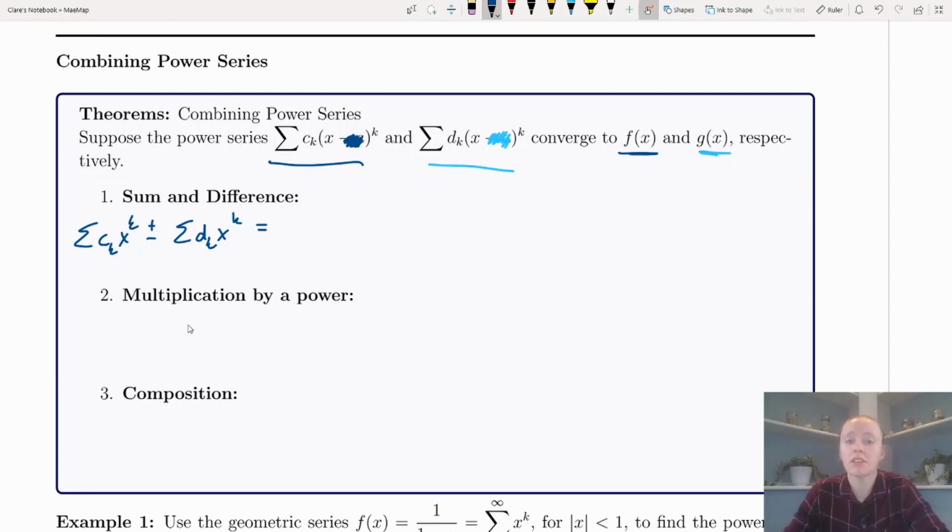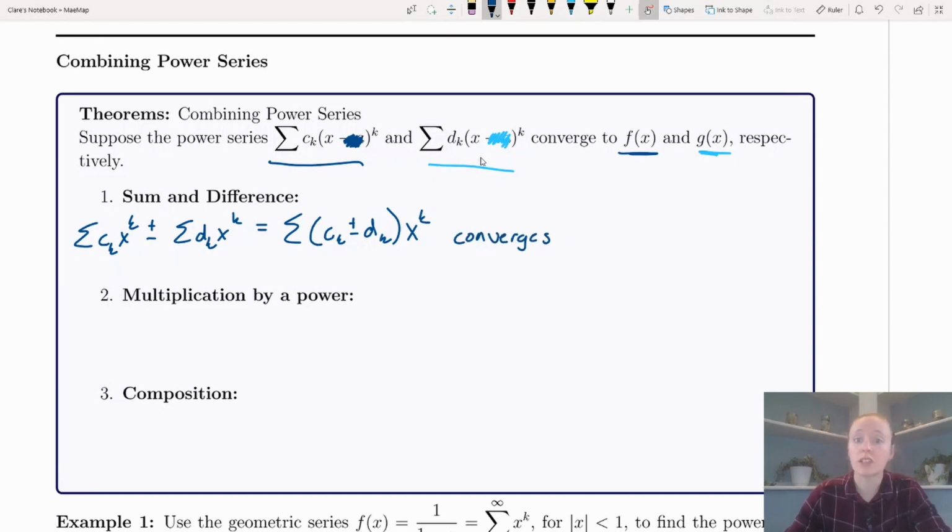And if we're on the same interval, we can write this as the summation of c sub k plus or minus d sub k times x to the k. And this converges to, well, if we remember, each of the individual series converge to f of x and g of x respectively, so when we sum them or subtract them, it's going to converge to f of x plus or minus g of x.